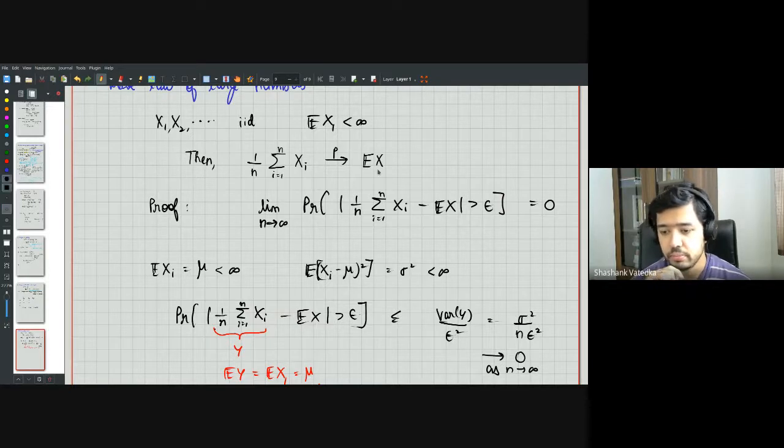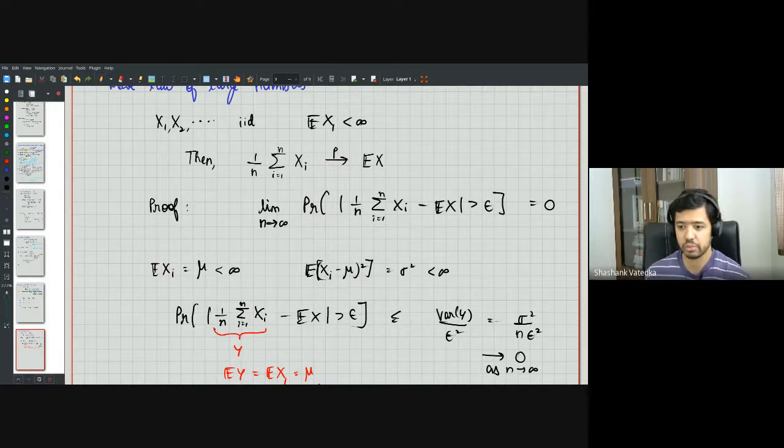Right? So, any questions? So this is a simple proof of the weak law of large numbers for the specific case where both the mean and the variance exist, and they're finite. But then you could also have sequences of random variables where the mean is finite, but the variance is infinite. And even then, the weak law of large numbers holds.